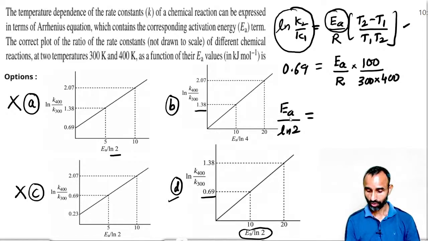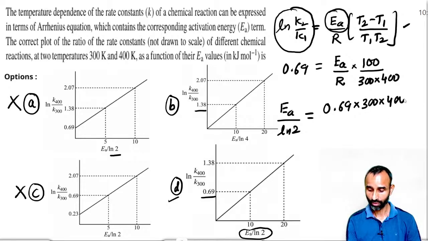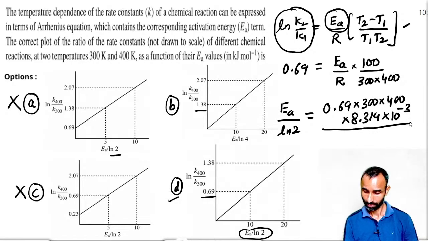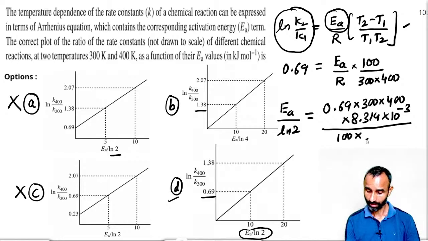So activation energy divided by natural log of 2 is equal to 0.69 into 300 into 400 into 8.314 into 10 raised to power minus 3, divided by 100 into natural log of 2.